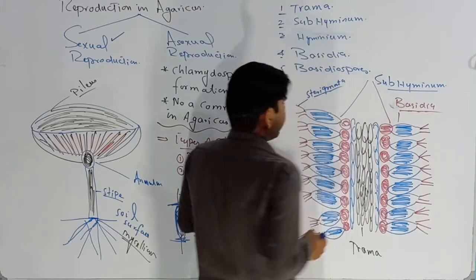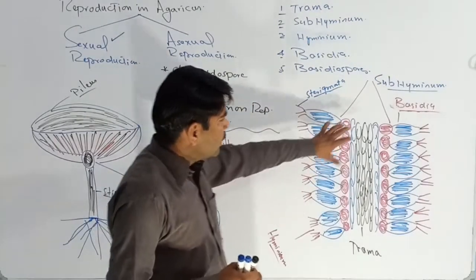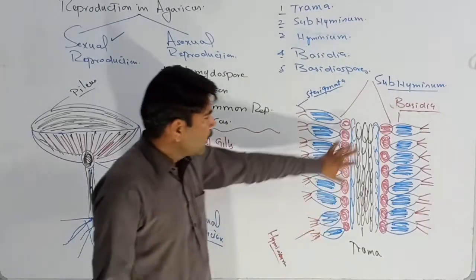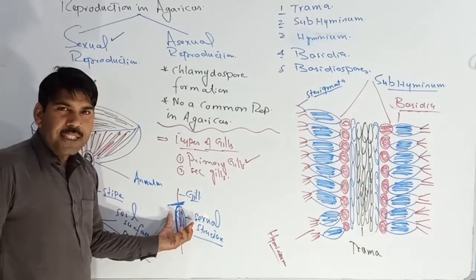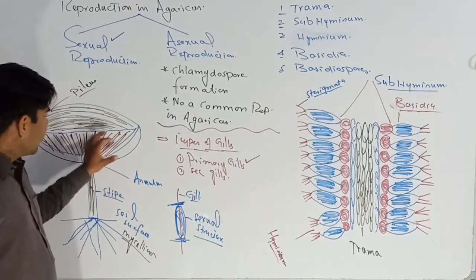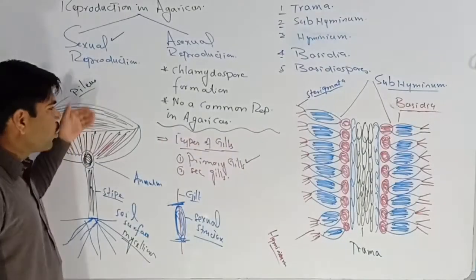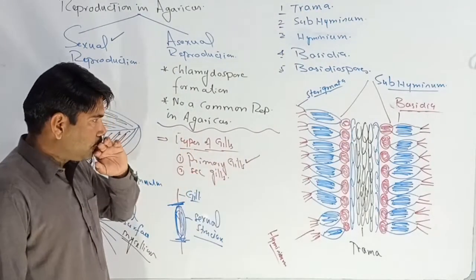Sterigmata. One thing which is very important to keep in mind is that this whole structure is involved in the sexual reproduction, and it is present in the middle of each gill, because the body of Agaricus consists of many gills, and these gills are involved in the sexual reproduction.